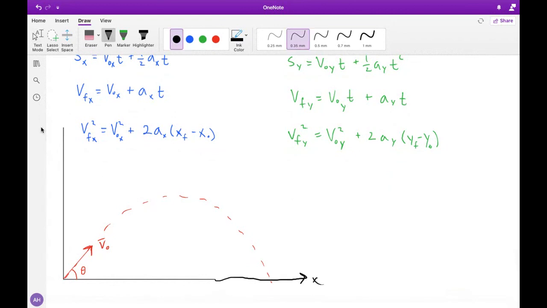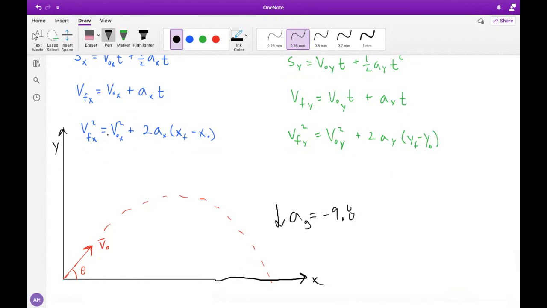So we have a football, we kick it at some angle with some initial velocity, and it goes through this path. This is also a constant acceleration problem because the only acceleration here is the downwards acceleration due to gravity, negative 9.8.